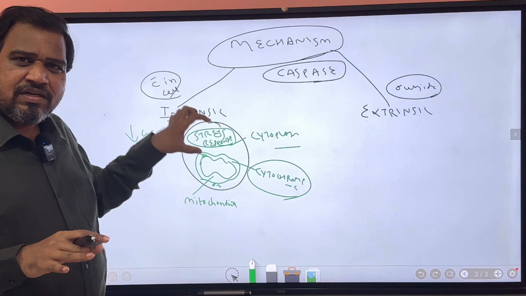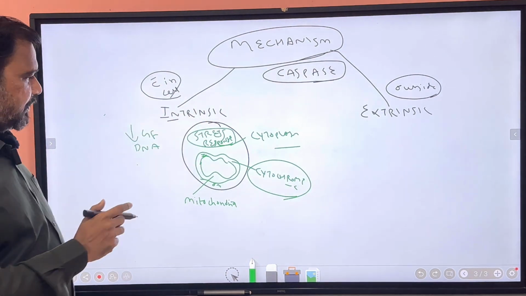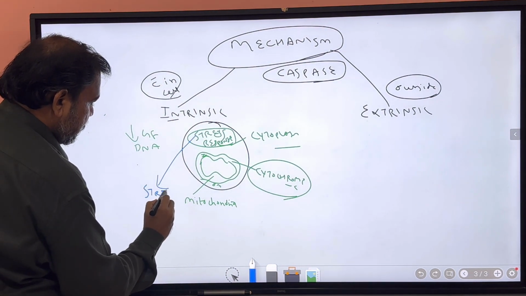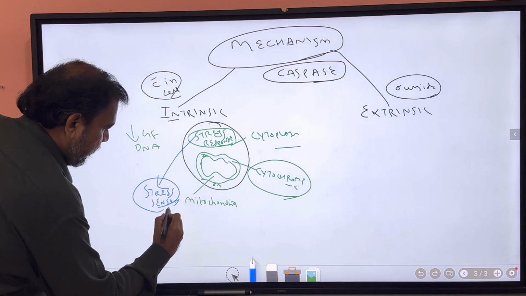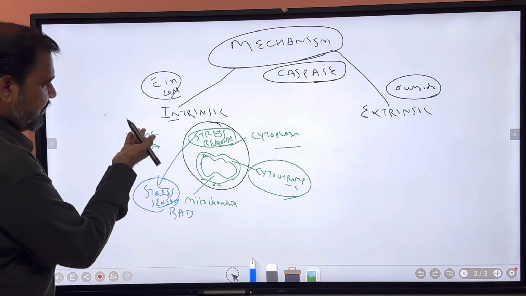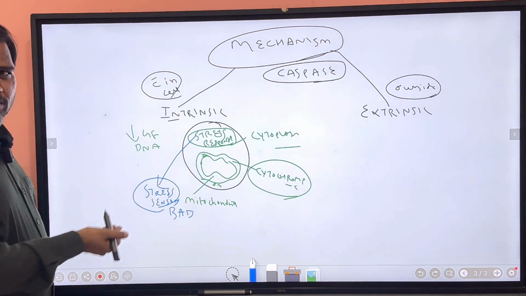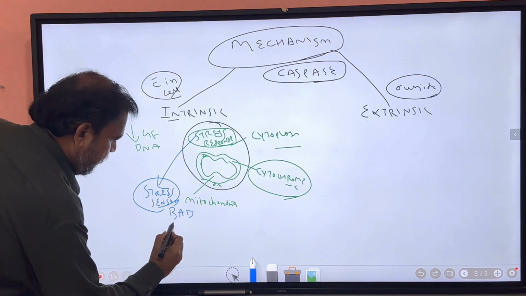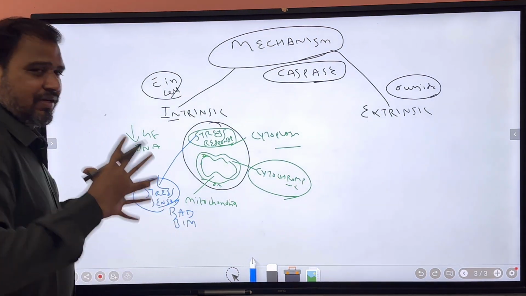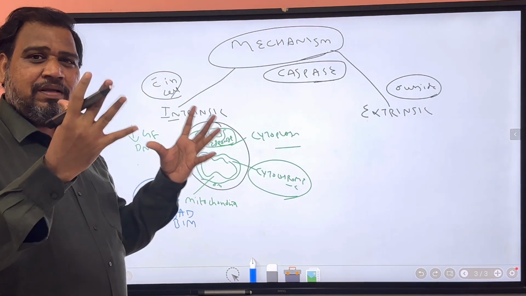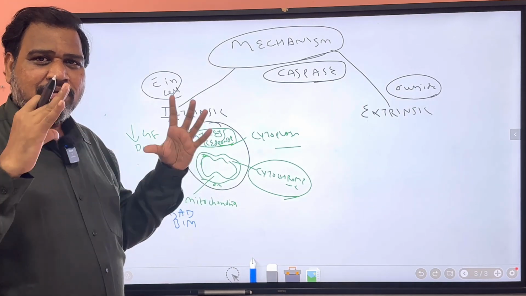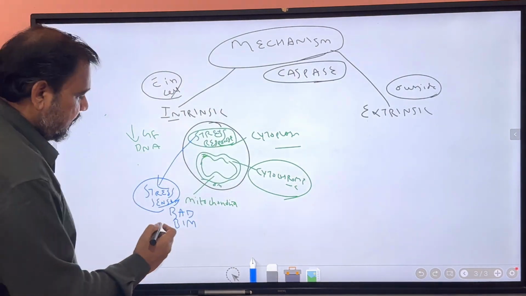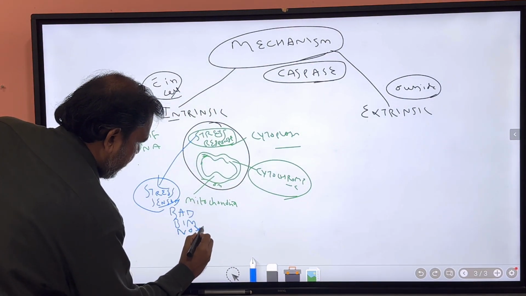So, whenever the cell is under stress, any stress response, what happens? There are stress sensors. That is very bad for the cell because of this DNA damage or decreased growth factor. We call that BIM. Maybe the cell is becoming big instead of normal size, for understanding I am telling. So, BIM, NOXA, PUMA.